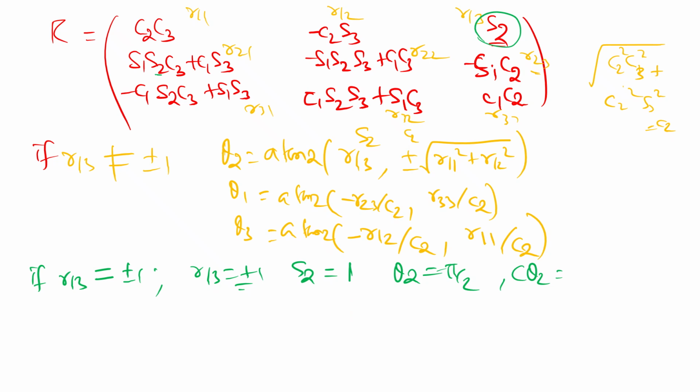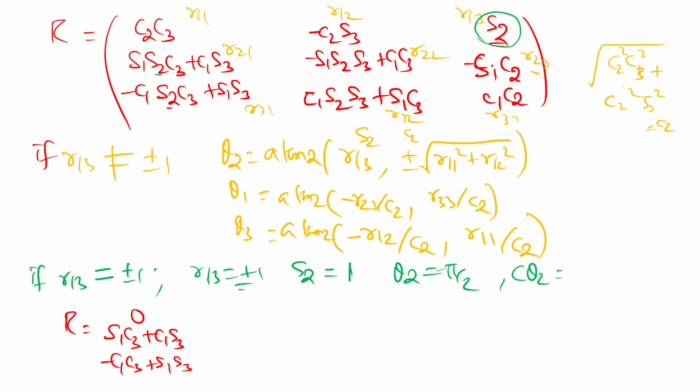This is very, very important. Let's go slowly. R equal to, because of C2, this term will be 0. And because of S2, this will be 1. So you have S1 C3 plus C1 S3. And here S2 is 1, which means it is minus C1 C3 plus S1 S3.